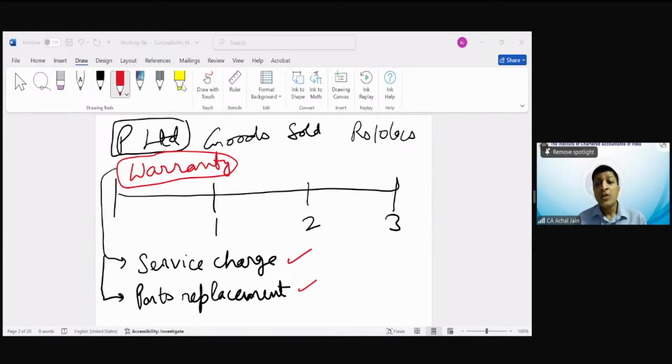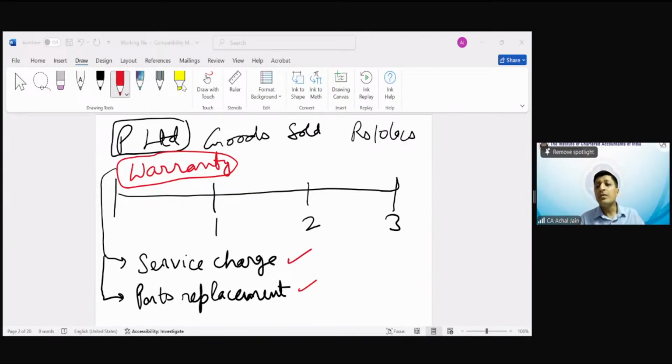Very good. So in this case, what do you have? We have a situation wherein both the elements are uncertain. Yes or no? Both the elements are uncertain. So when both the elements are uncertain, what do you need to do?